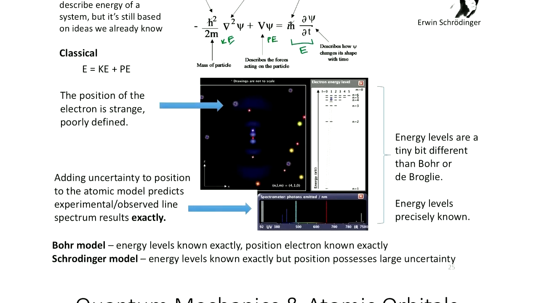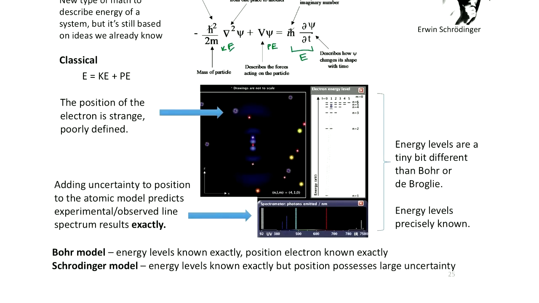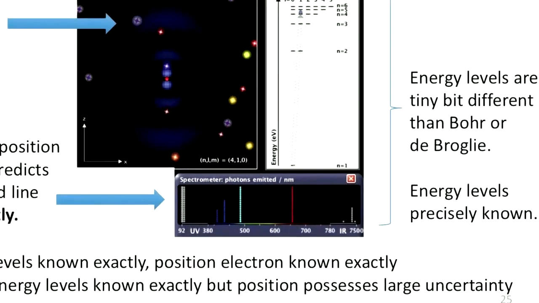Basically all the Schrödinger equation does is introduce the idea of these orbital shapes, that we have this strange, poorly defined space where you will find an electron. So adding this idea of uncertainty now gives us experimental observations that match what we actually see in a line spectrum exactly.